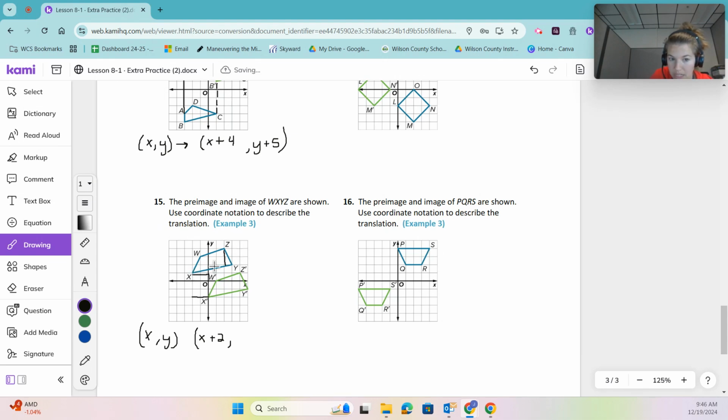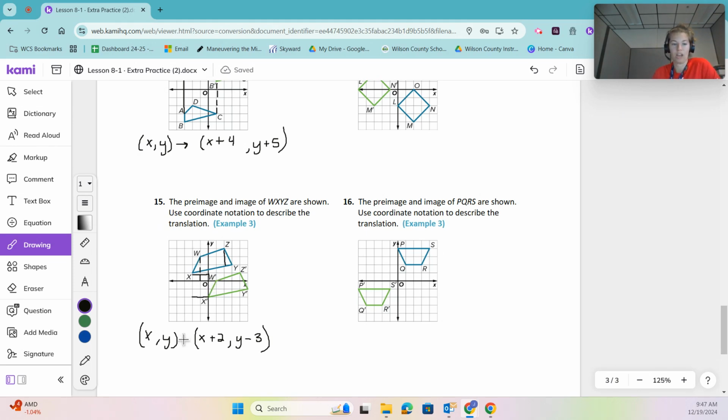That's why we double check it, right? We have to go from x to x prime here. And then for my y value, I am decreasing by 3. It goes down 3, so we're decreasing by 3. I'm going to check that on my W here too, again going from my pre-image to my image, so W to W prime.